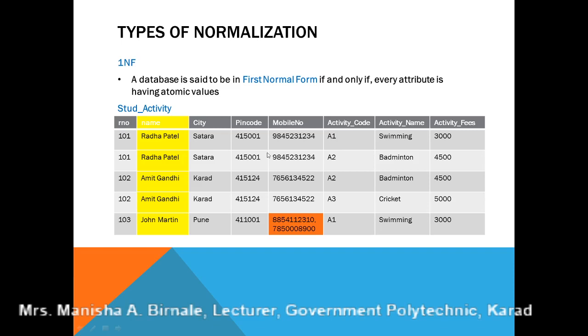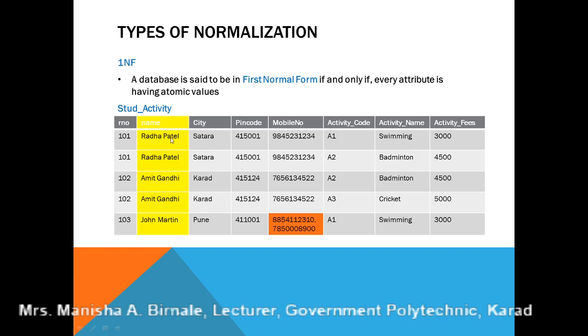While bringing a table into first normal form, we have to take care that every attribute has atomic values. Here the roll number attribute has atomic values, which means roll number 101 cannot be divided further. But see this name attribute. The name attribute is a composite attribute because it has a first name and a last name.